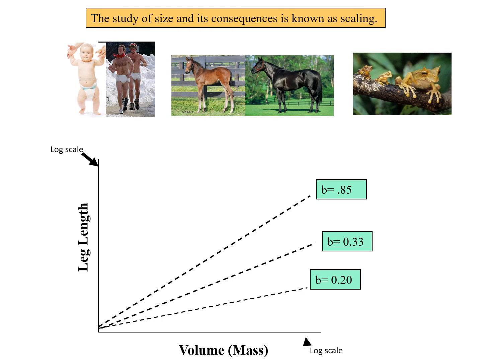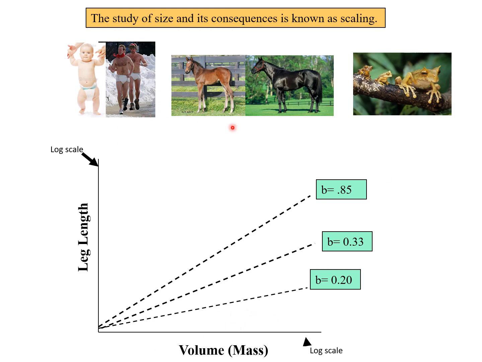So you should be able to just look at what you would expect if you plot the leg length series of amphibians versus the volume or the mass of the animal.